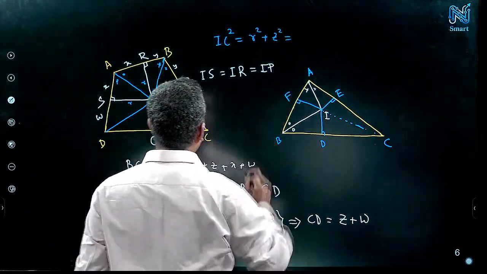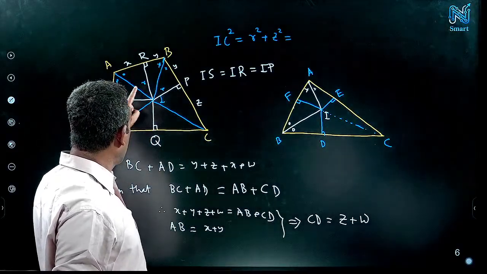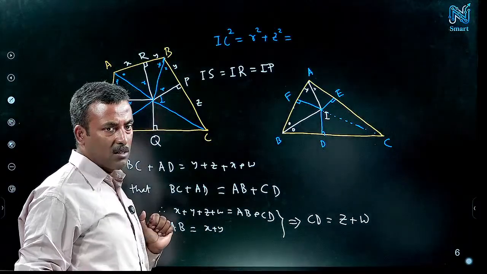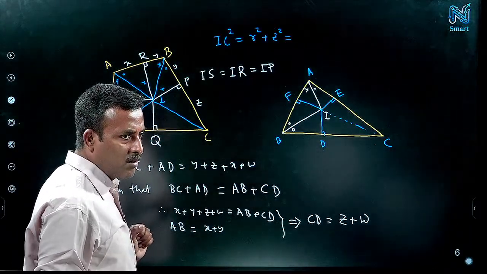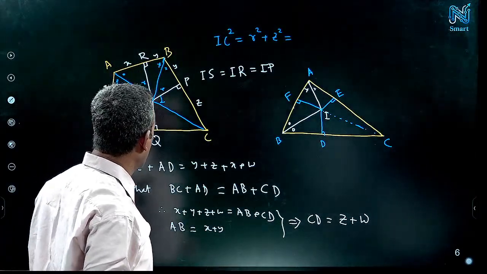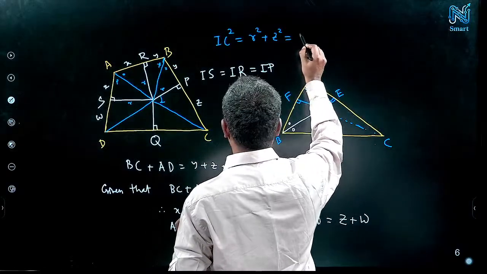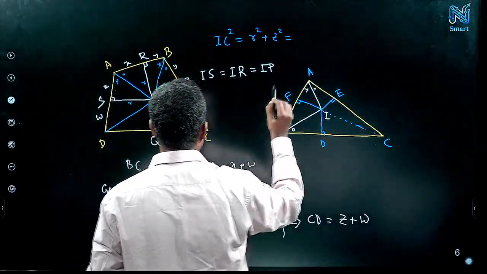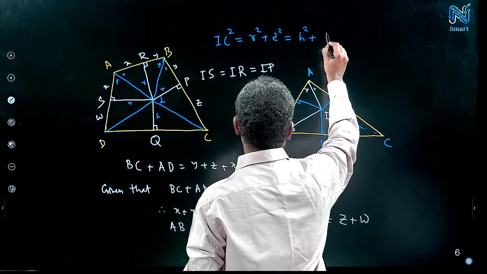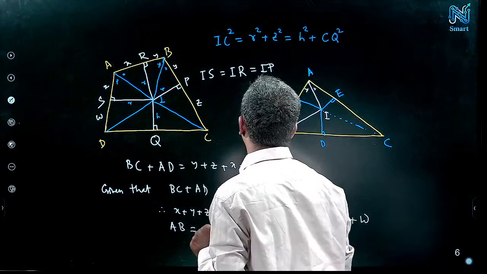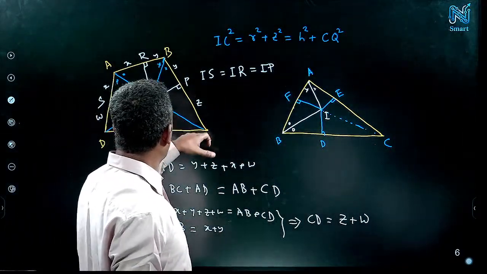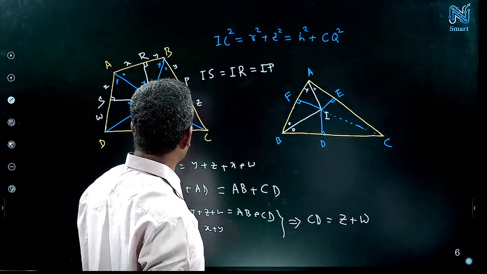If I use the Pythagoras theorem on the triangle IQC, that also equals R square plus z square. No, this may not be R. Say IQ is a H, so IC square is H square plus CQ square. So R square plus z square is H square plus CQ square.